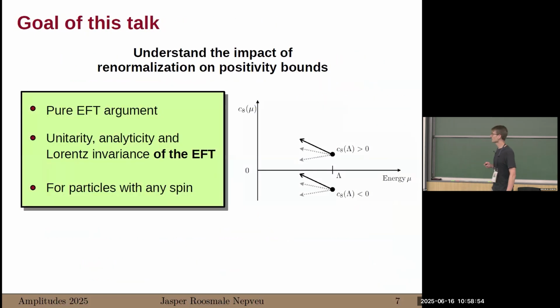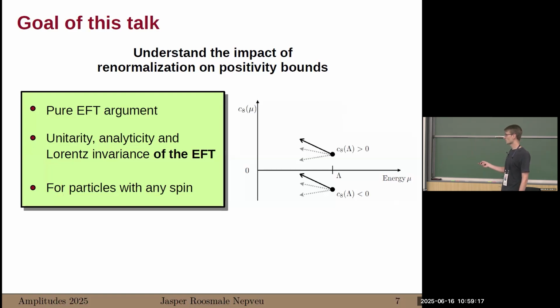So purely within the effective field theory, I want to understand the impact of renormalization on positivity bounds, where I will be using consistency of the effective field theory, namely unitarity, analyticity, and Lorentz invariance, but I will not be assuming anything about the UV. For example, the boundedness at large s of the UV amplitudes, I will not assume.